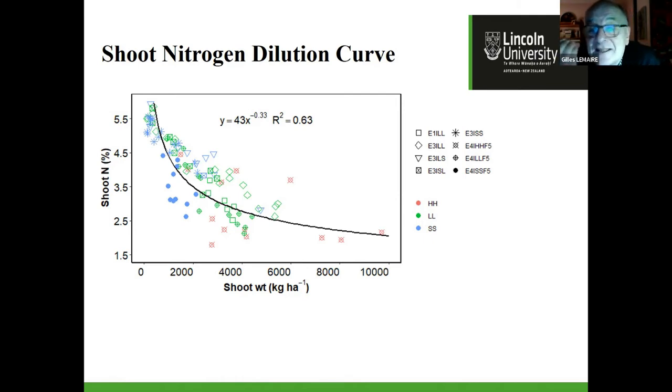So it is very fascinating that we have a symmetrical and opposite between dilution of nitrogen in shoot. As the shoot grows faster, the nitrogen declines. The nitrogen for any new dry matter is less and less, while for root, it is the reverse. Yeah. It is very fascinating.